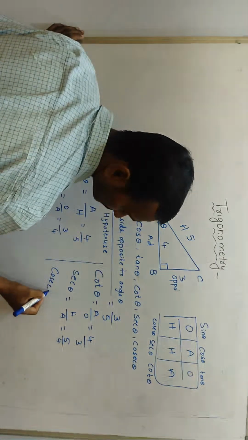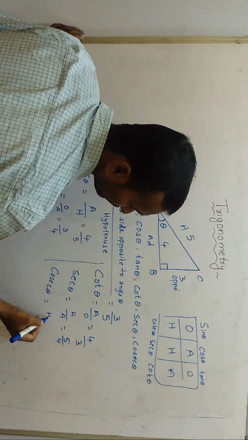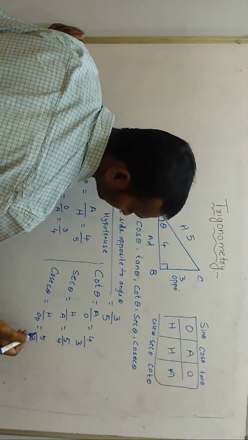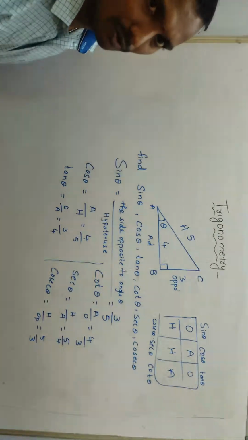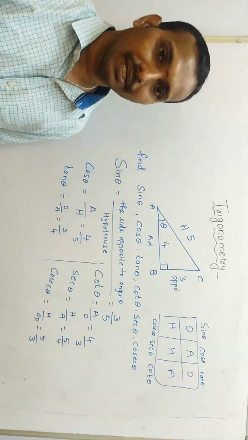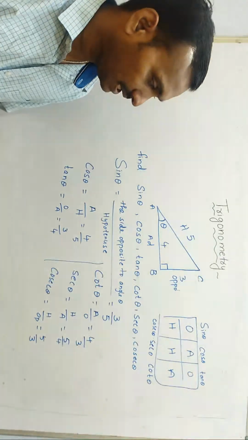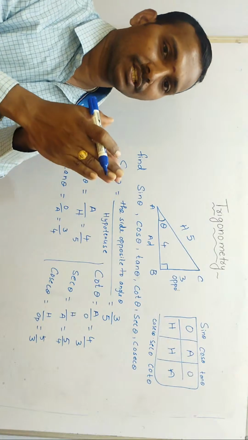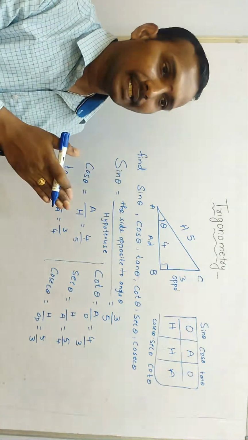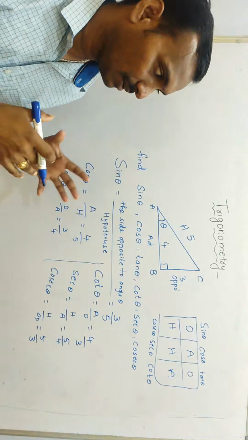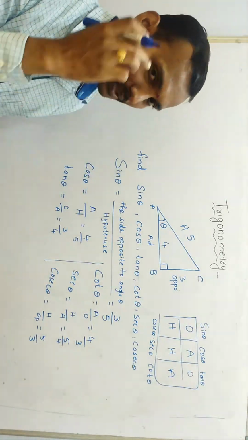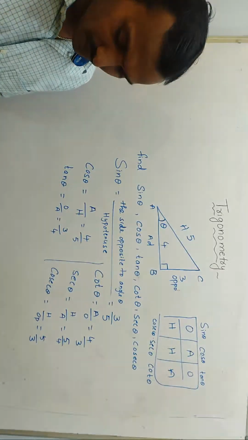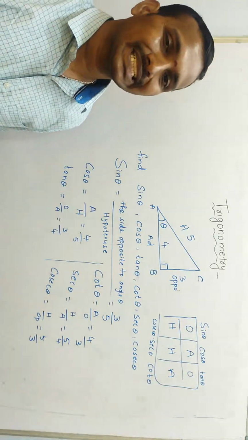Cosecant is nothing but hypotenuse by opposite. Hypotenuse is 5, opposite is 3. So this is the way we have to write the 6 trigonometric ratios. So remember this table, OAO, HHA. Otherwise, old Harry and his old aunt. With the help of that also we can remember these 6 trigonometric ratios. So tomorrow we are going to solve the first exercise problems.